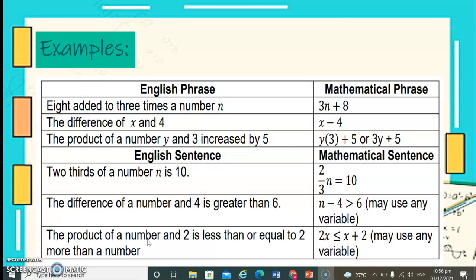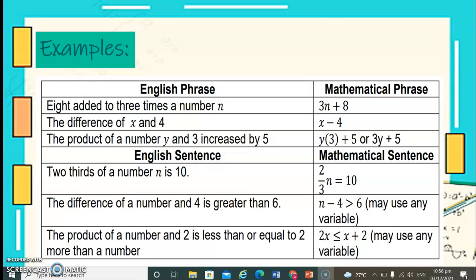So, the product of a number and 2, so that is 2x, then is less than or equal to, adding a symbol, to 2 more than a number. So, more than, 2 more than a number, so addition. So, we can have x plus 2. So, ang atong mathematical phrase is 2x is less than or equal to x plus 2, based sa atong English sentence.